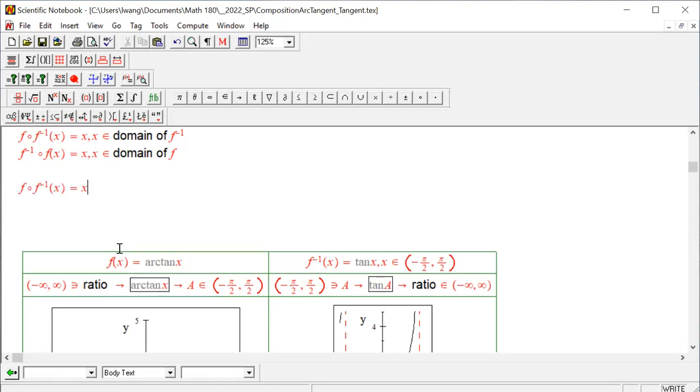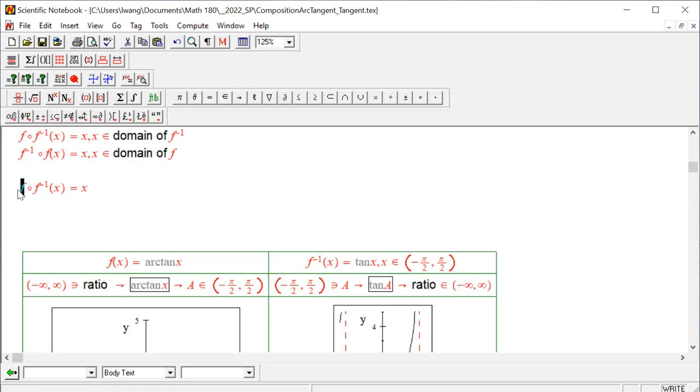Our f is arctangent. Our f inverse is tangent, where x is from this interval. You see, one's domain is the other's range. Everything matches perfectly.